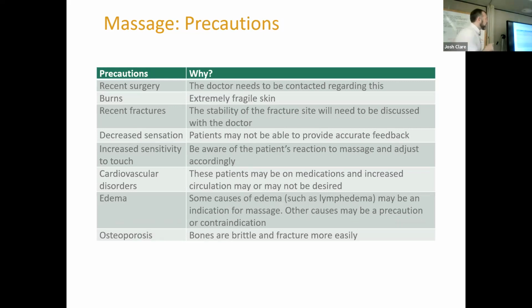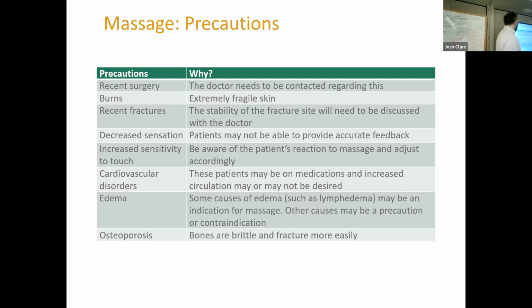That's an interesting one because increased sensitivity to touch, some of our patients are going to have that, especially after surgeries. There is a treatment approach to increase tolerance of touch. Just start with as tolerable of a substance as they can take, silk or something really, really soft, and then progress our way into more and more abrasive types of touch.